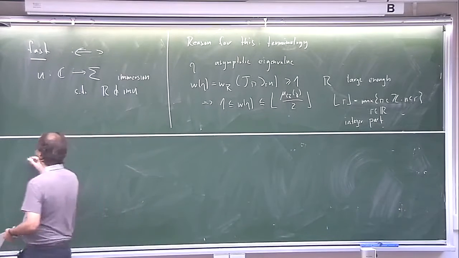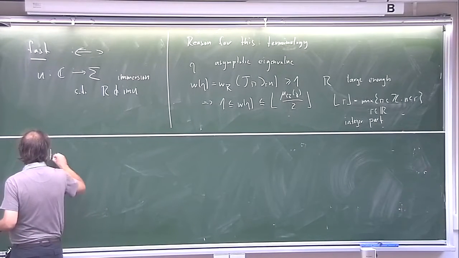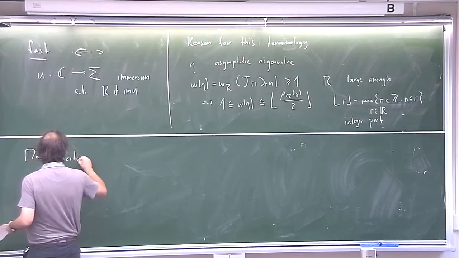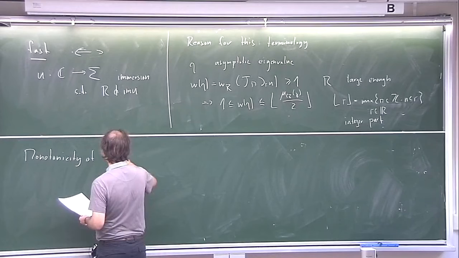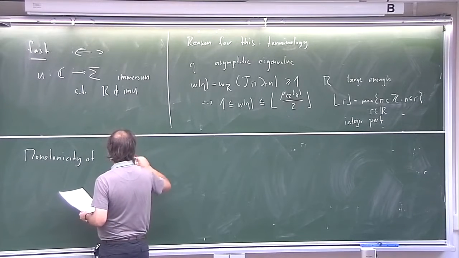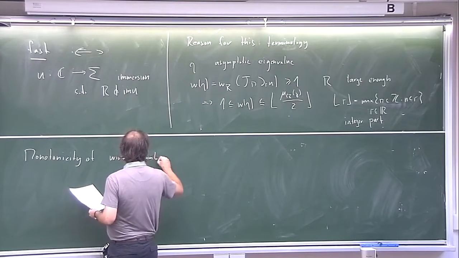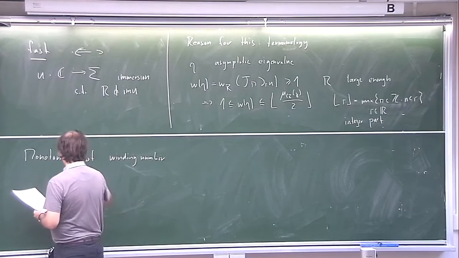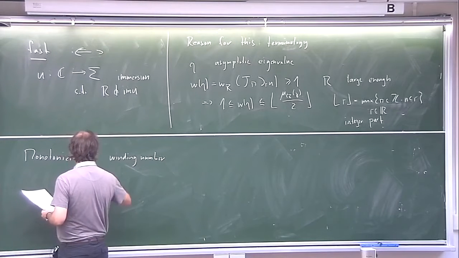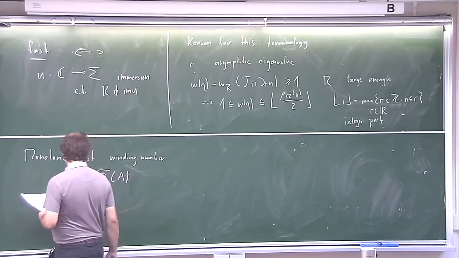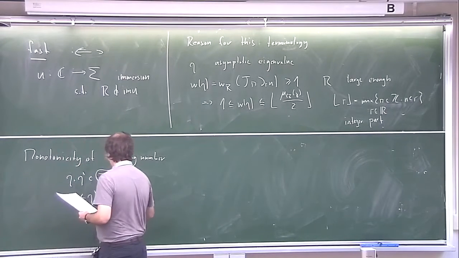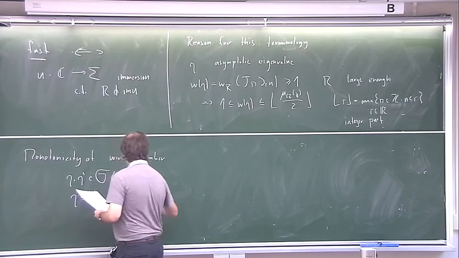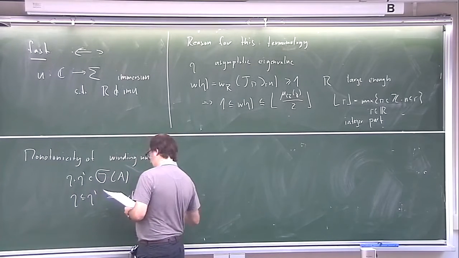And by the monotonicity of the winding number, we know that if eta and eta prime are eigenvalues such that eta is less than or equal to eta prime, then the winding number of eta is less than or equal to the winding number of eta prime.